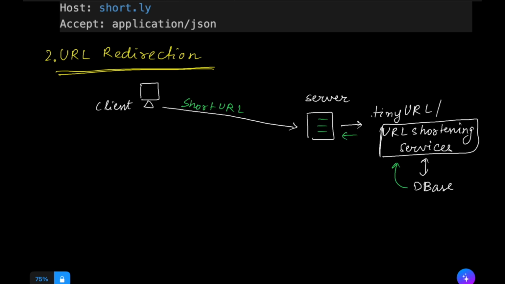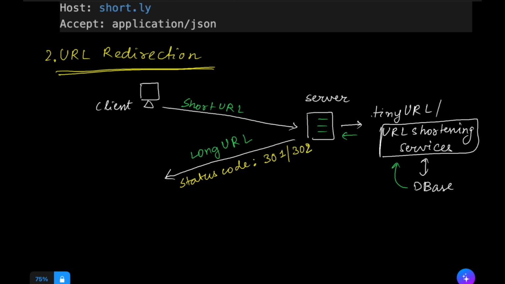This is sent, and the server sends the response back to the client with the long URL. Along with that, there is an interesting thing, which is a status code. This can be 301 or 302 depending on our use case.